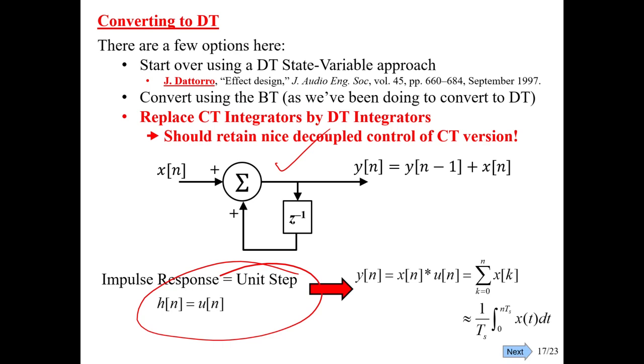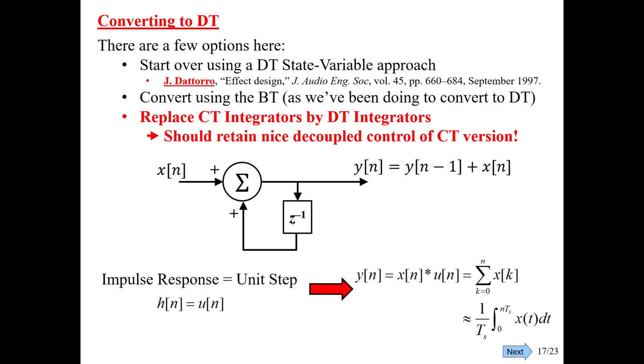Another way to now see what's happening, since the impulse response is unit step, we can see that it does in fact do integration. So here's another way to verify that this thing looks like an integrator. Now that we know that the impulse response is the unit step, we're going to convolve that. And again, you learned convolution in signals and systems.